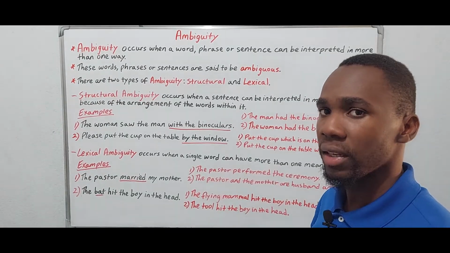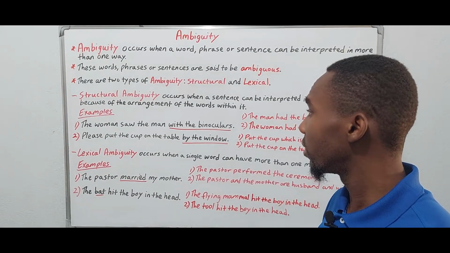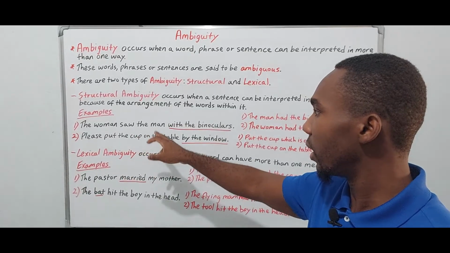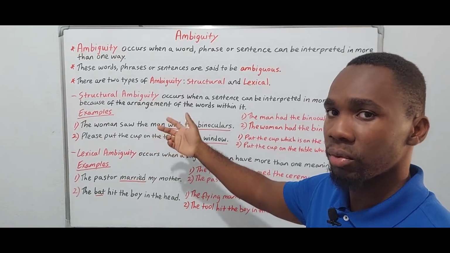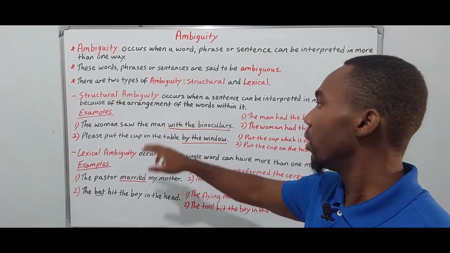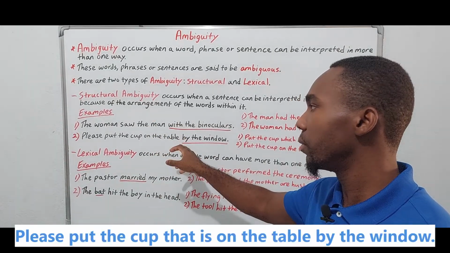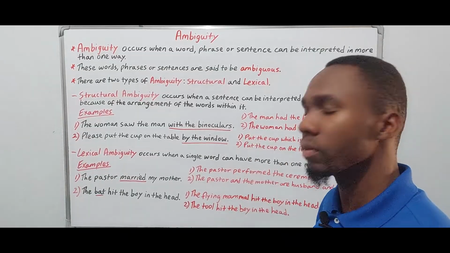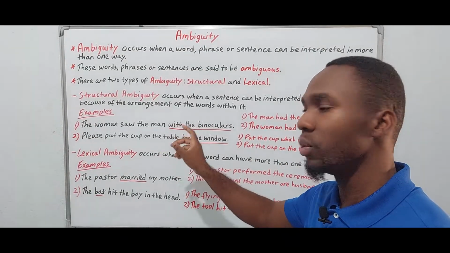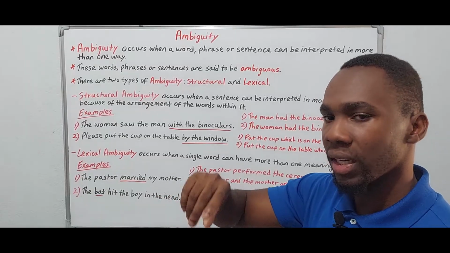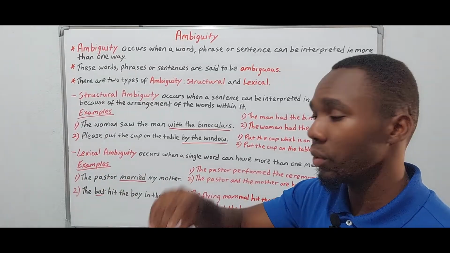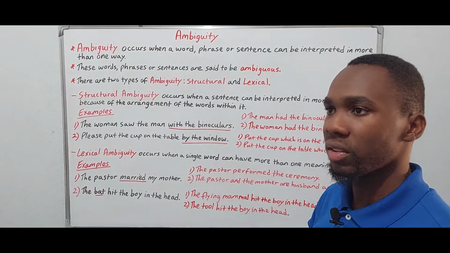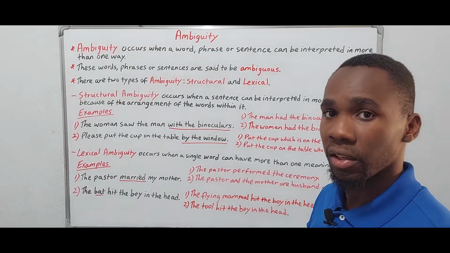So once again, if we want to disambiguate this, we can say, please put the cup, and we can use a relative pronoun like that which is on the table by the window. Because the which is would mean that the cup is already on the table and we want it to be placed by the window. So we can add a relative pronoun just to make the meaning clear. Okay?